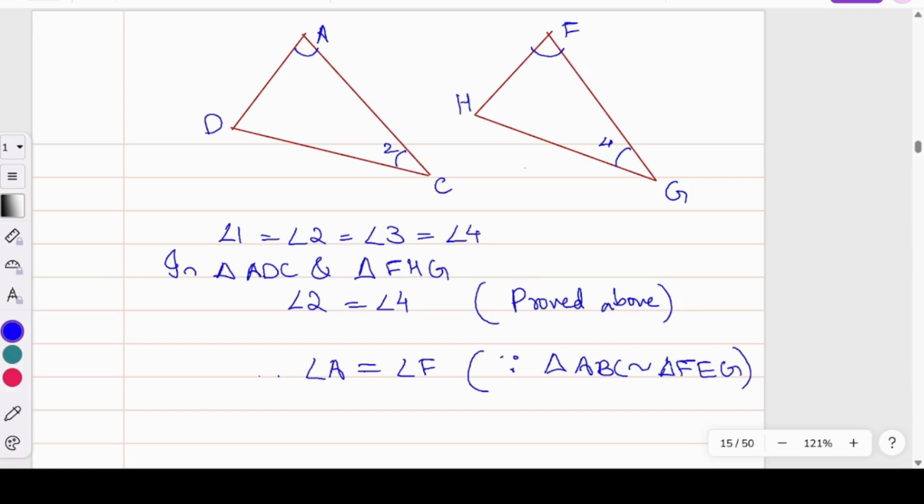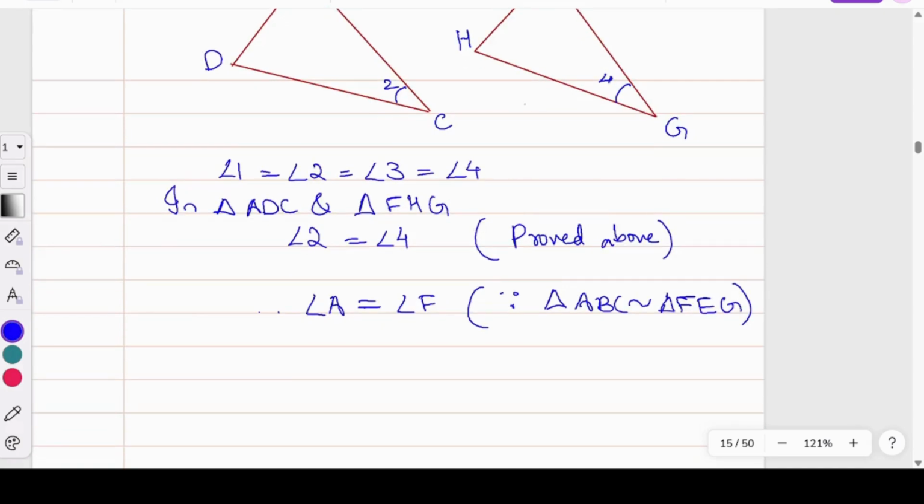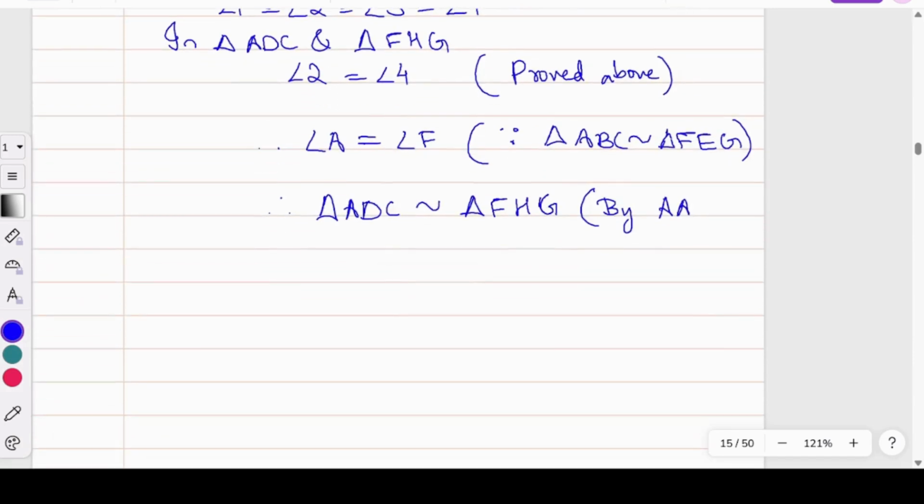Now we got two angles. Therefore, I can write what? Therefore, triangle ADC similar to triangle FHG. Correct? By which criteria? By AA similarity criterion. Right? Hence, proved.